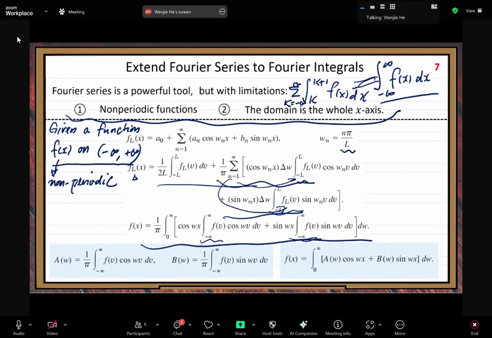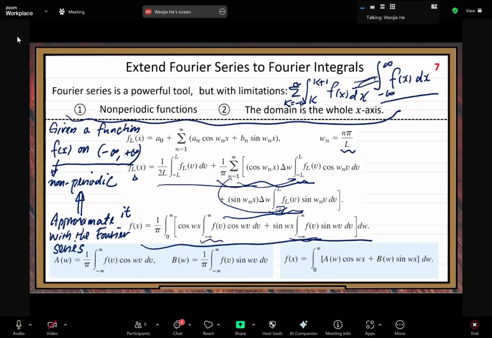So the question becomes, how do we use the Fourier series representation to approximate this function? That's very natural.